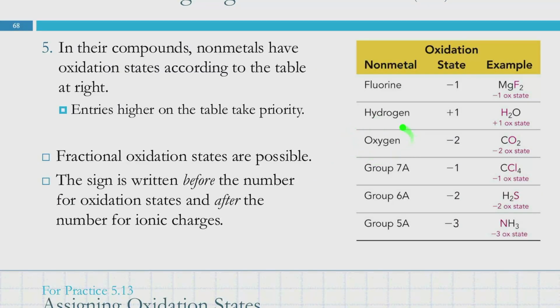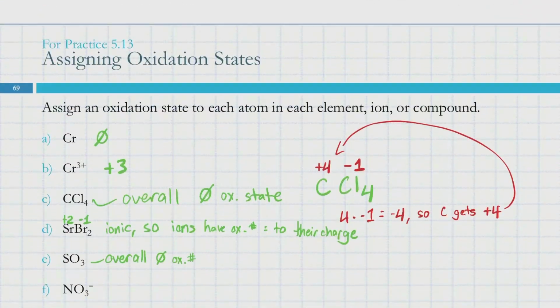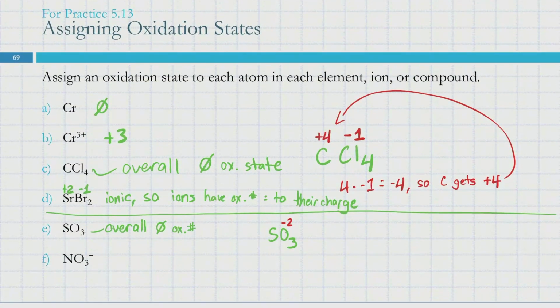All right, we've got oxygen. It's our third entry on our nonmetal list. Sulfur would be in this 6A, so oxygen gets priority. So we're going to assign oxygen its preferred 2-. So SO3, oxygen gets -2 for its oxidation number.